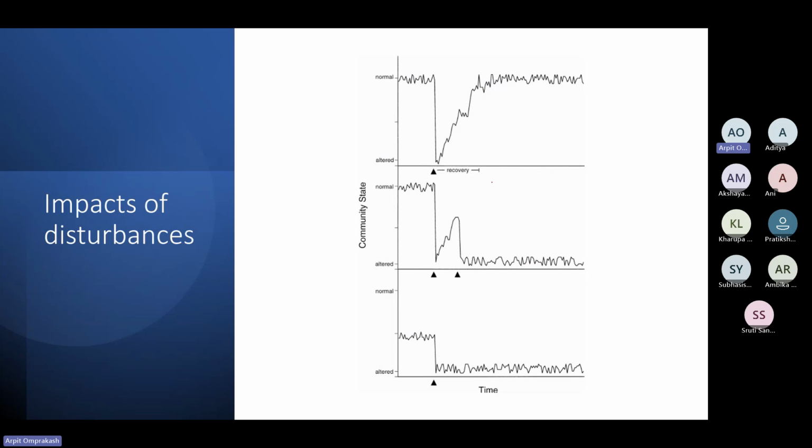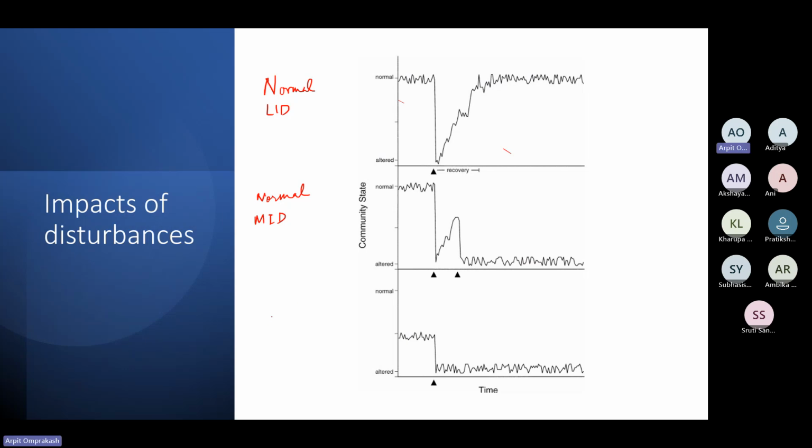Basically, the first thing is when we have a normal community, and there's one large infrequent disturbance. In the second one, we have a normal community, and we have multiple infrequent disturbances. Right, this is like multiple disturbances.